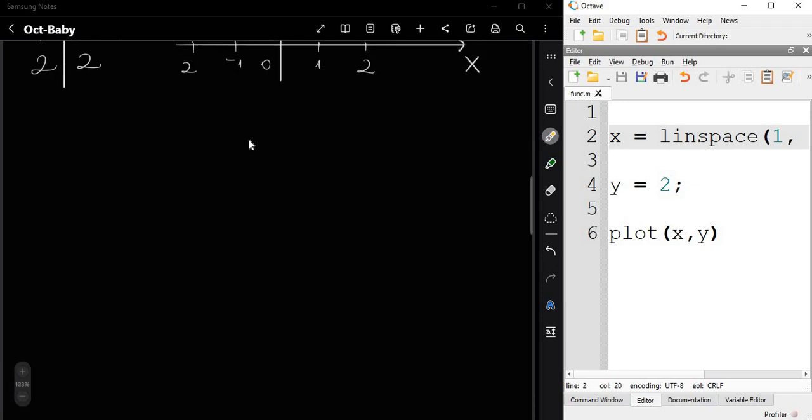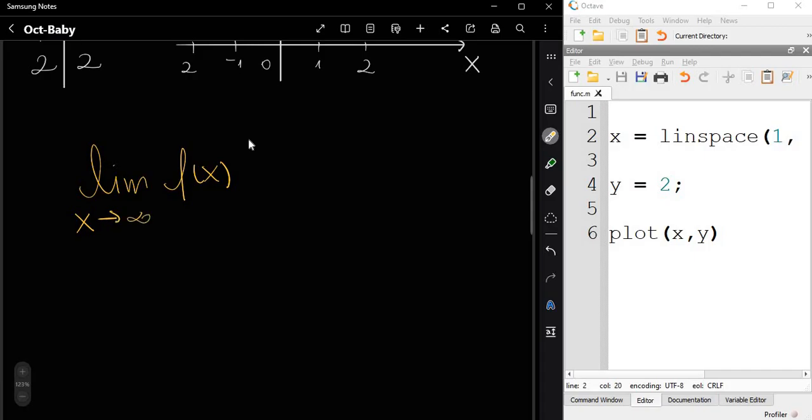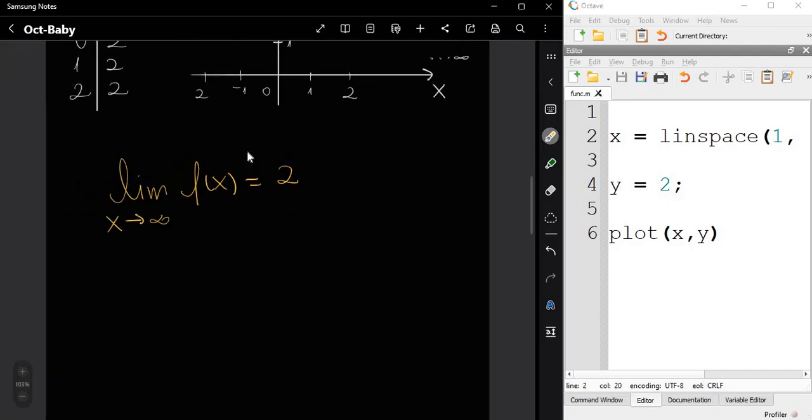The limit of f of x, let's do it formally, as x approaches infinity, is equal to, even if x approaches infinity, it tends to 2, because it's a constant.